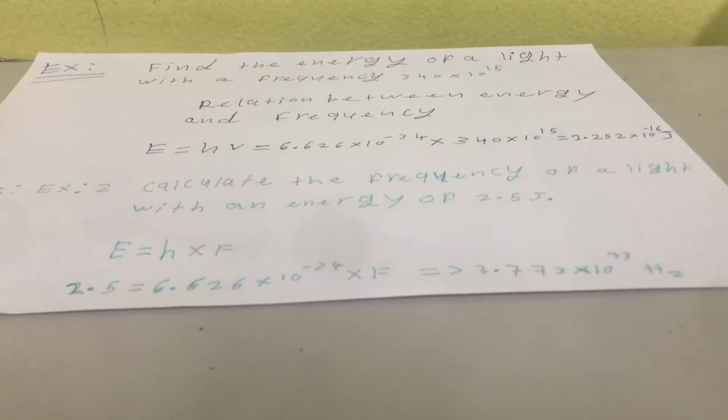Second example: calculate the frequency of a light with an energy of 2.5 joules. We apply the formula E equals H times F, or V, doesn't matter.